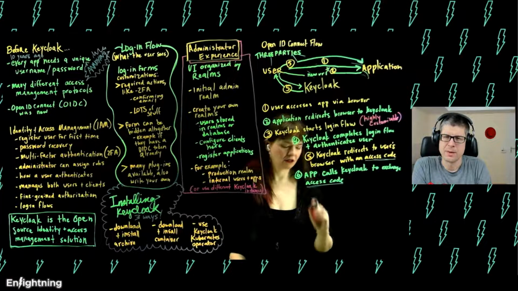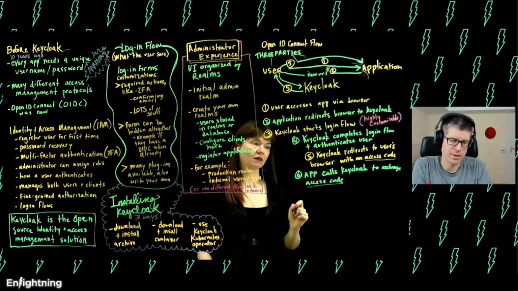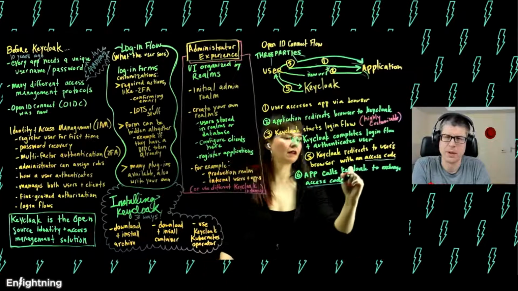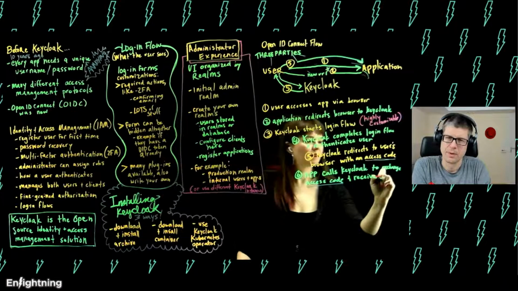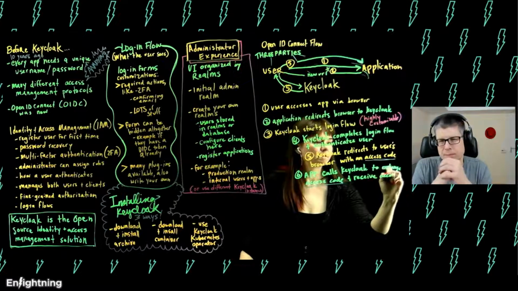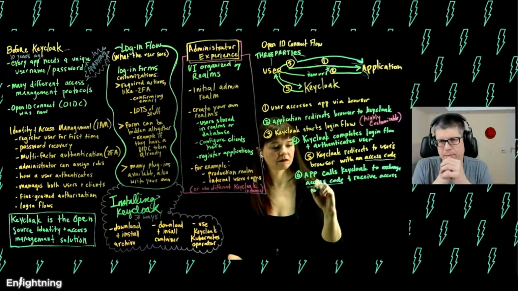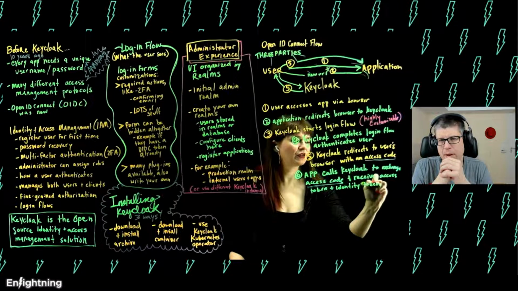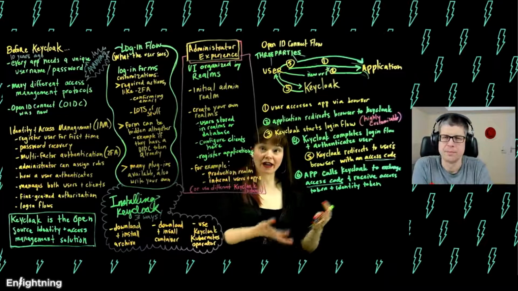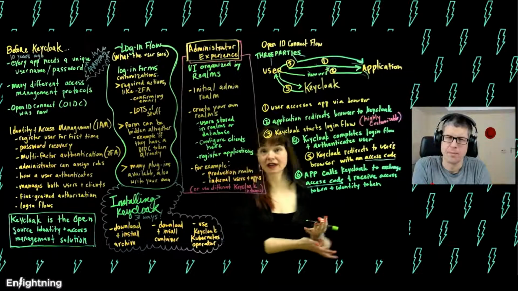It receives an access token and an identity token. Okay. So it says here, now I know who you are, and with the access token, I know what you're allowed to access.